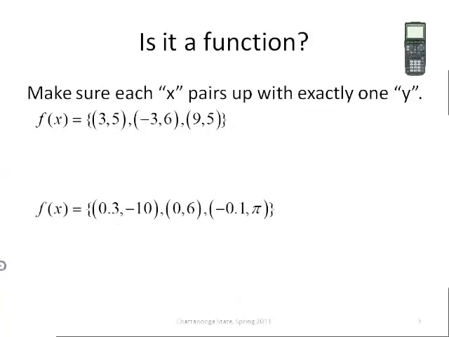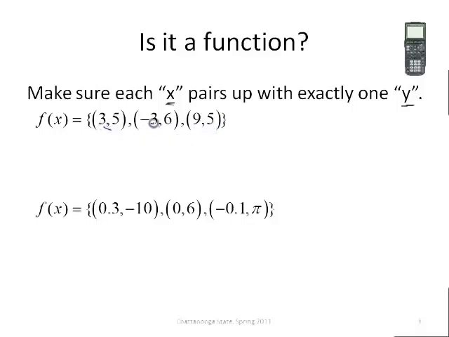Now, we're going to determine if these examples are functions. To determine that, we want to make sure each of the x coordinates pairs up with exactly one y coordinate. So if we look here at f of x, this first example, I have the ordered pairs (3, 5), (-3, 6), and (9, 5).